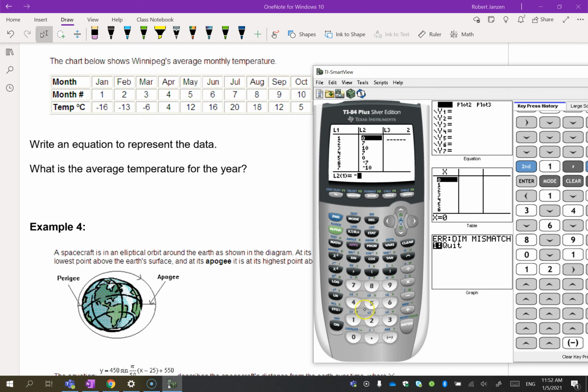Okay, so this is -16, -13. Average temperatures. I wonder if it's going to be this cold this year, because the temperatures have been pretty good so far.